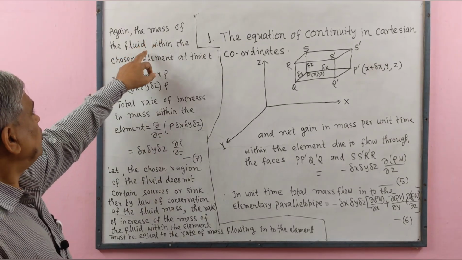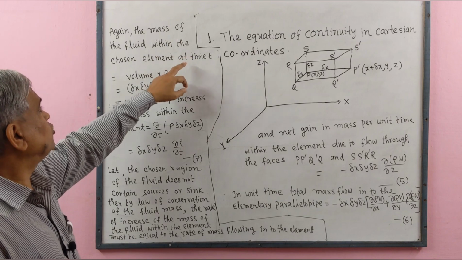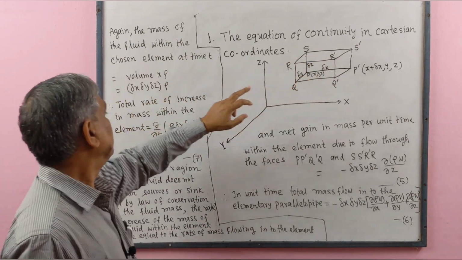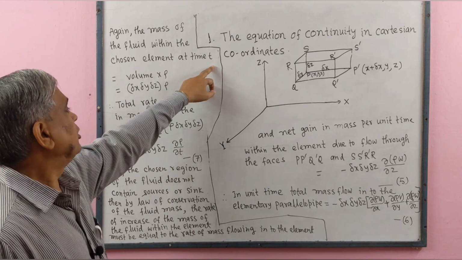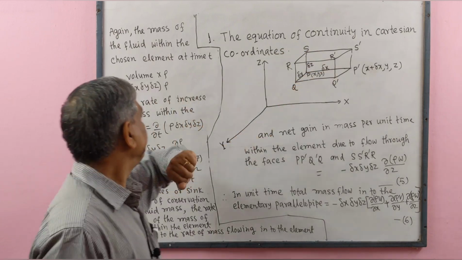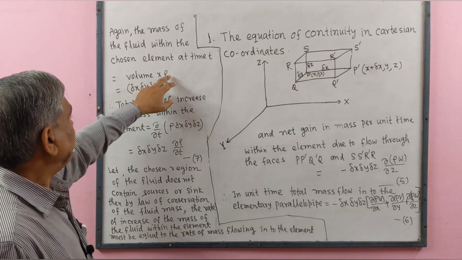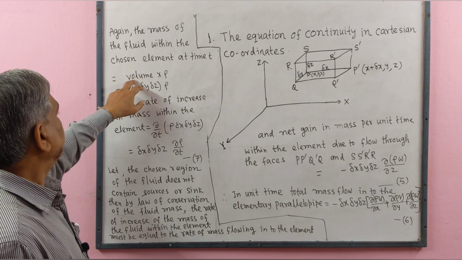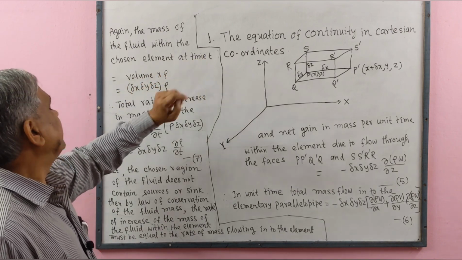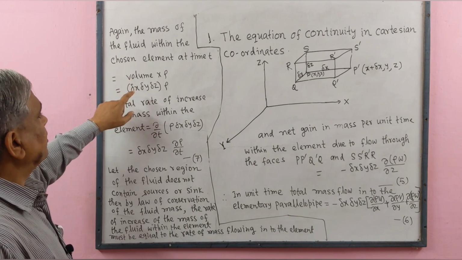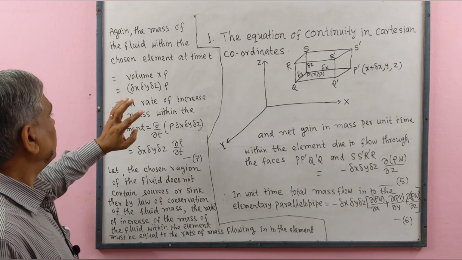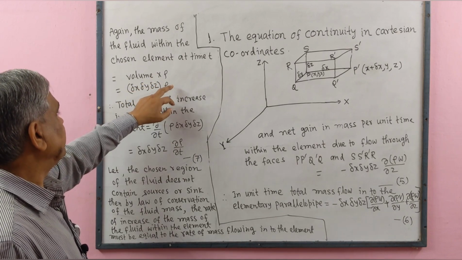Again, the mass of the fluid within the chosen element at time t is equal to the volume of this parallel pipe multiplied by rho, that is mass, at time t. Volume is delta x, delta y, delta z, multiplied by density rho.